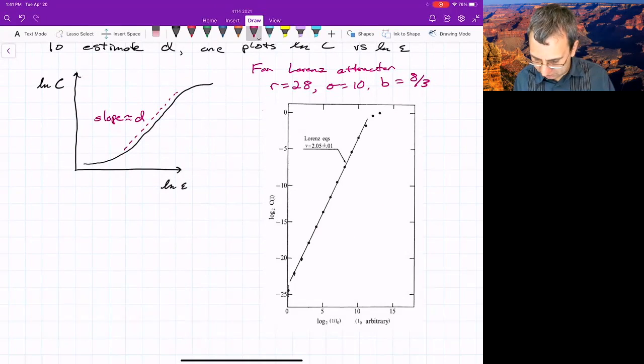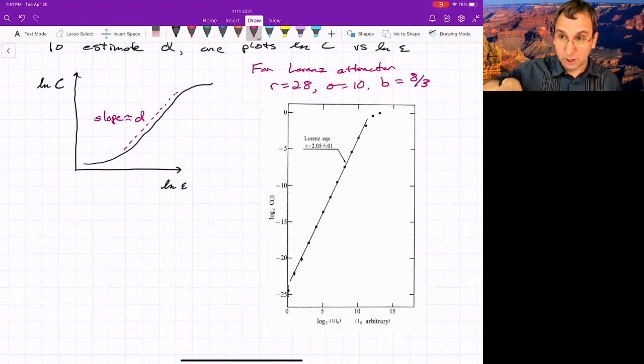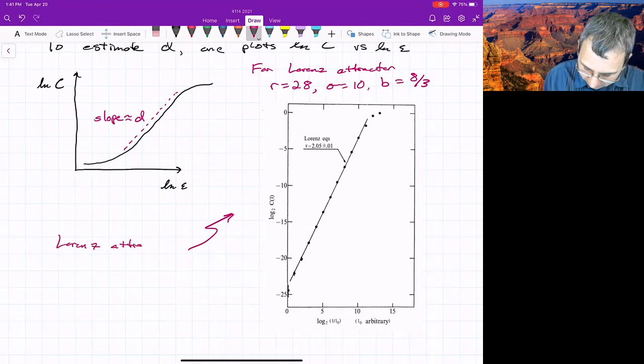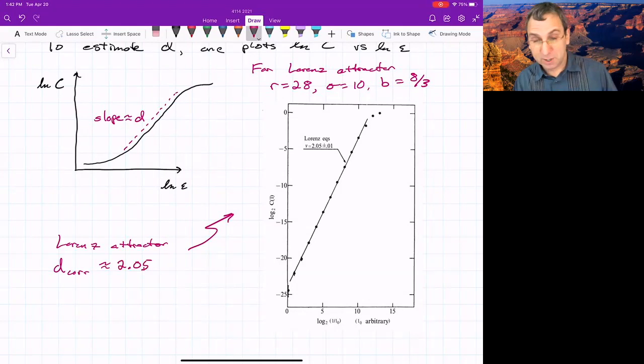They're plotting the slope here. You see the slope looks pretty good, and they found a slope of about 2.05. So the Lorenz attractor has a correlation dimension of something between 2 and 3.